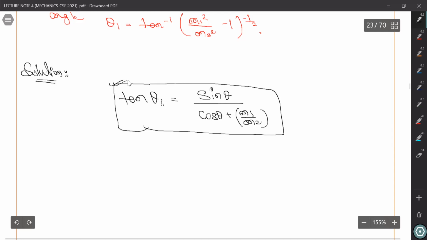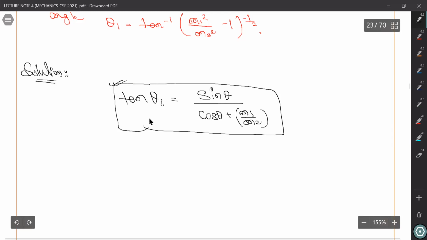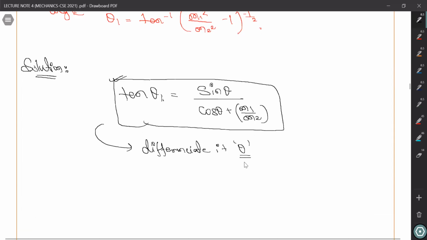So what we have to find is the maximum angle. What do we have to do? We have to differentiate it with respect to theta to find the maximum. So let's differentiate.